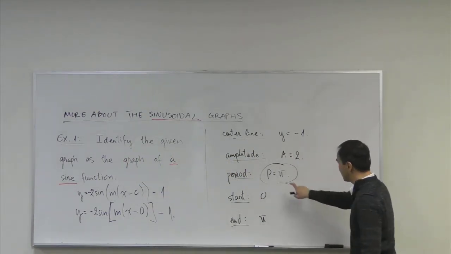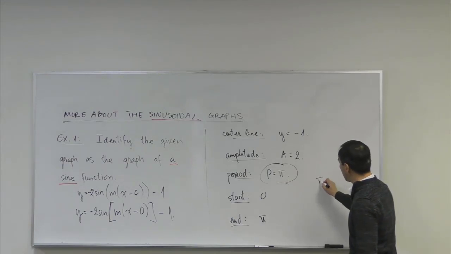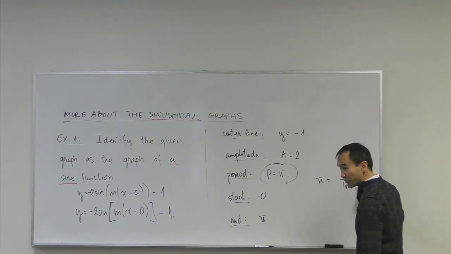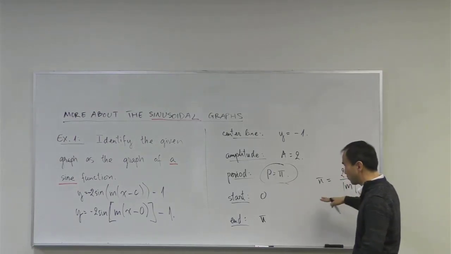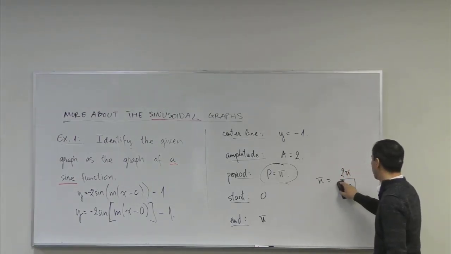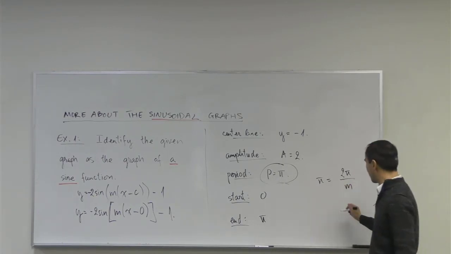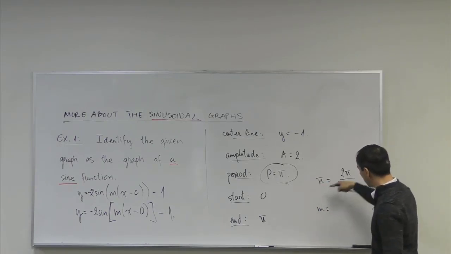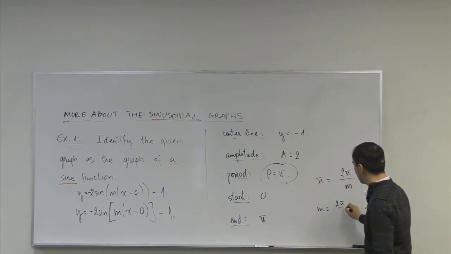We know the period is pi, so pi equals 2 pi over that coefficient in absolute value. When working with this, it doesn't hurt to keep m positive, so we can take away the absolute value sign. That makes m equal to 2 pi over pi.